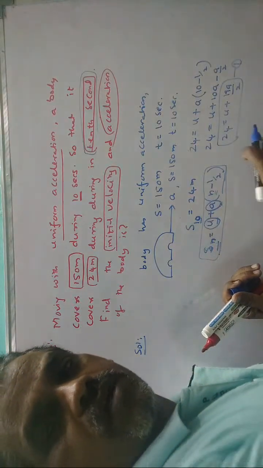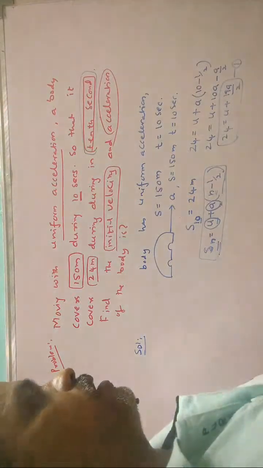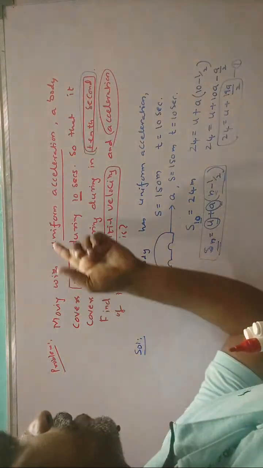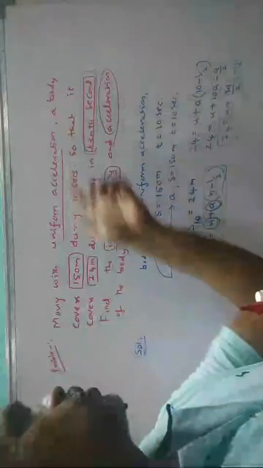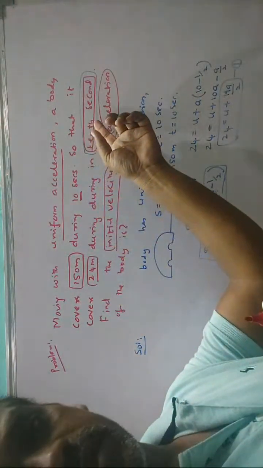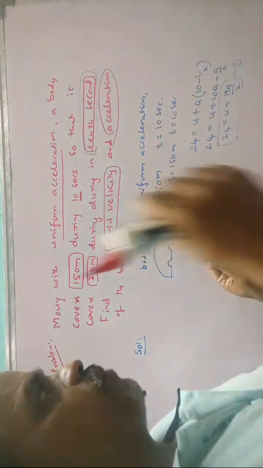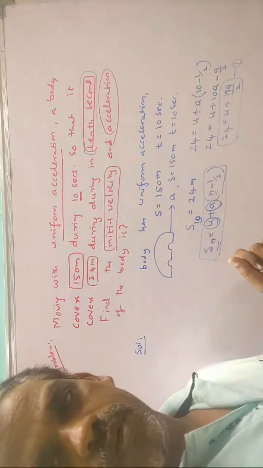After copying this I will explain a little bit more. See, simply what I did here, the body is moving with uniform acceleration. It covers 150 meter during 10 seconds, so that it covers 24 meter in its 10th second. In the 10th second only, in that particular second only, it covered 24 meter.